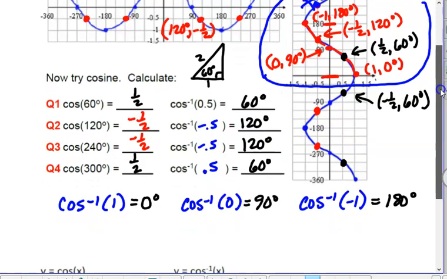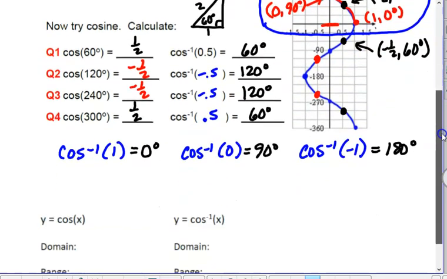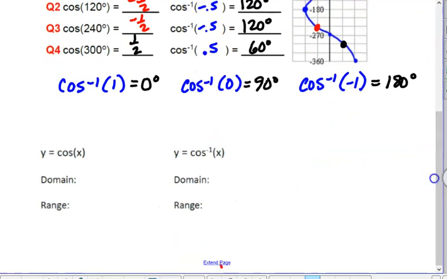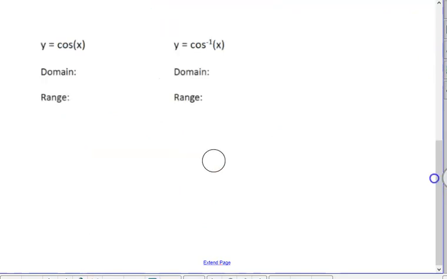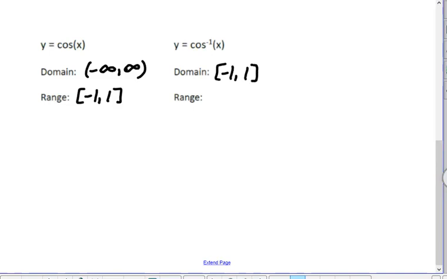So let's go ahead and take a look at our domain and ranges. Regular cosine has the same domain and range as sine does: angles and trig values. Inverse cosine has the same domain as inverse sine, negative 1 to 1, but its range is different.